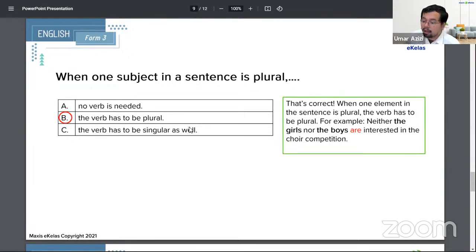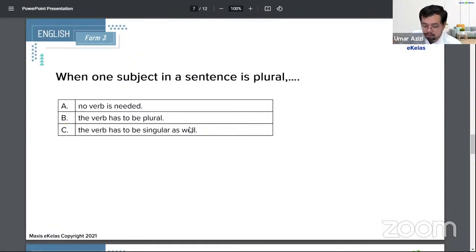So I see a lot of confusion in the chat. Don't worry about it. I'll go back to it in a bit. Before this, we talked about either-or, neither-nor situations. If both subjects are singular, then the verb you use has to be singular as such.